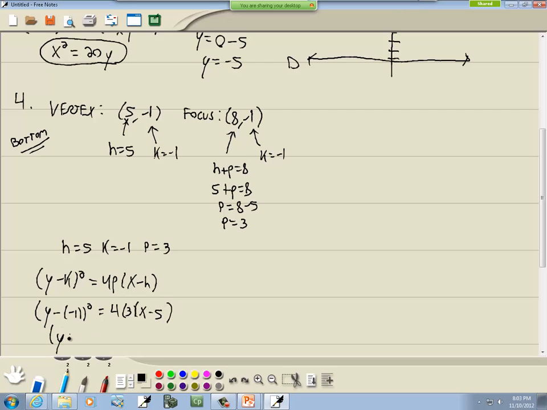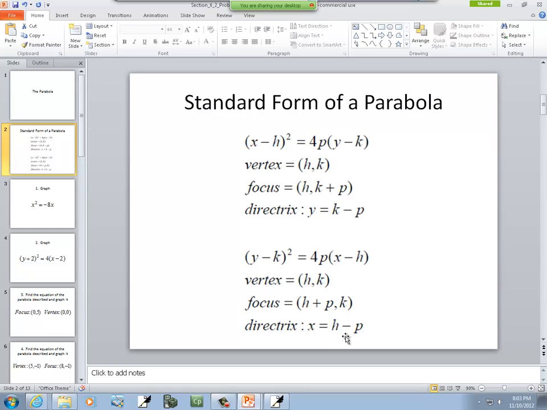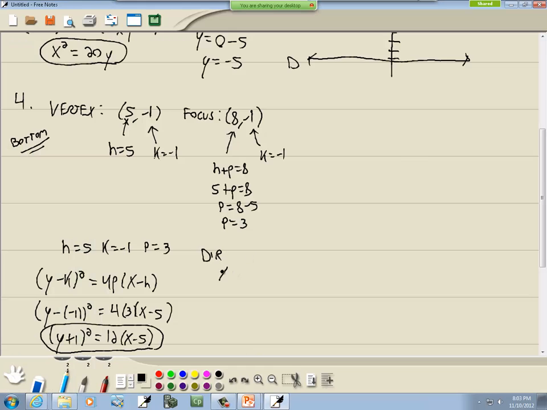So this becomes y plus 1 squared is equal to 4 times 3, which is 12, times x minus 5. Okay, now I'm going to get the directrix to help me actually graph this. For our bottom formula, it's x equals h minus p. H is 5 minus p, which was 3. So we got x equals 2.